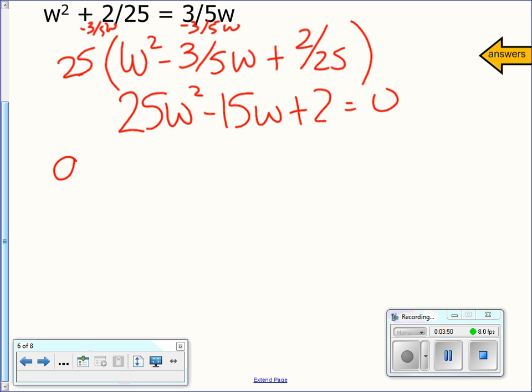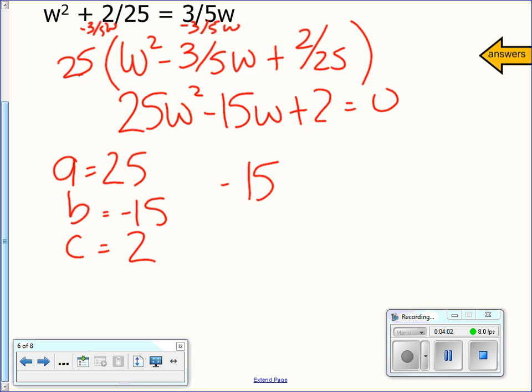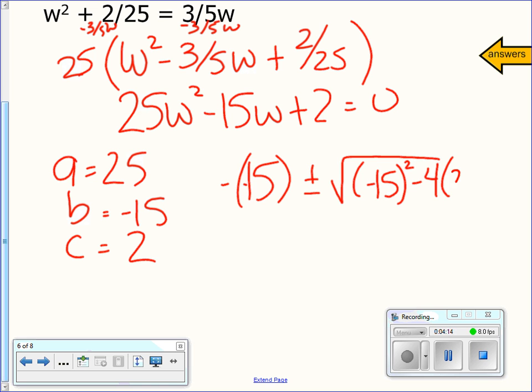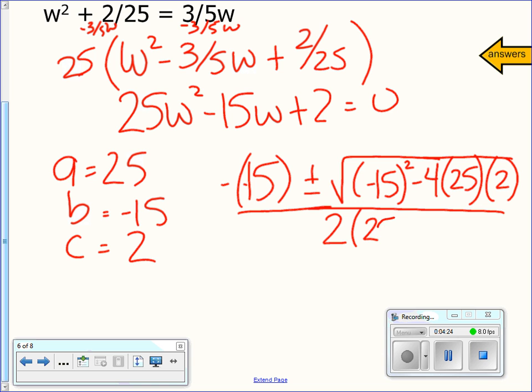Now my a is 25, b is negative 15, and c is 2. So negative b, which is 15, sorry, it's negative 15. Negative b plus or minus the square root of negative 15 squared minus 4 times 25 times 2, all over 2 times 25.